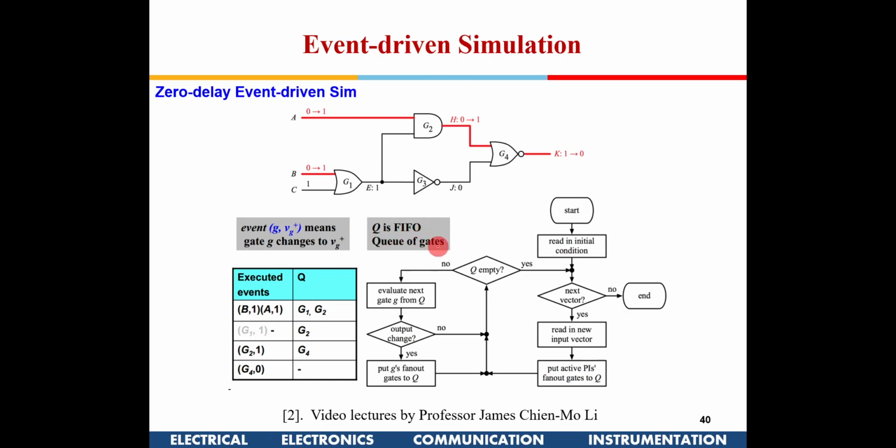A queue for gates. Now I am changing these two inputs simultaneously, A 0 to 1, B 0 to 1. So in the FIFO I push in two gates; in this particular case I have taken B as first and then A. In the FIFO I will register these two gates G1 and G2, because these gates are going to get affected.